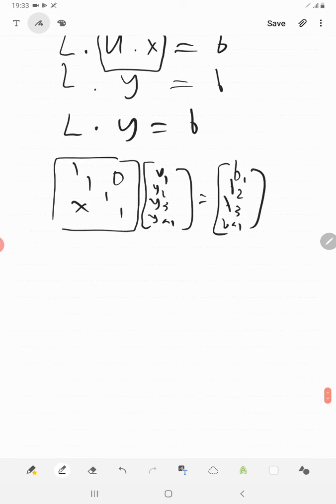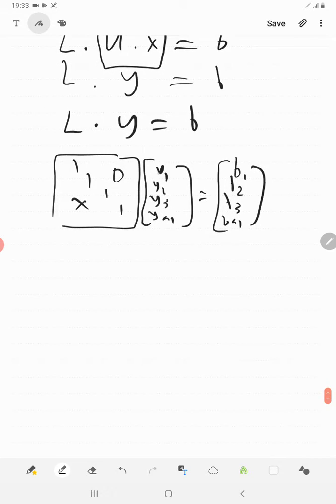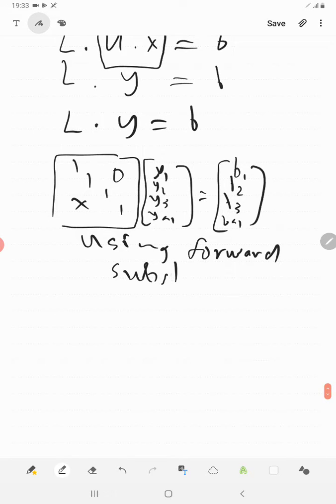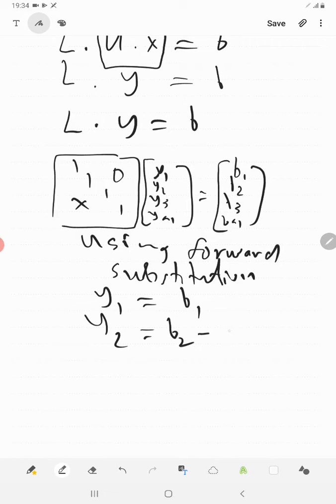Now to solve this one, we can use forward substitution. Then y1 equals b1, y2 equals b2 minus y1 times L21.